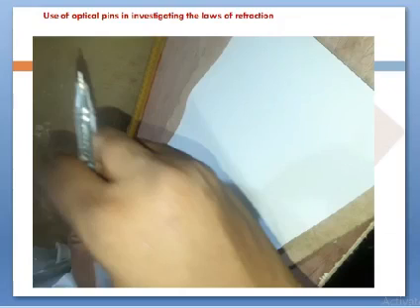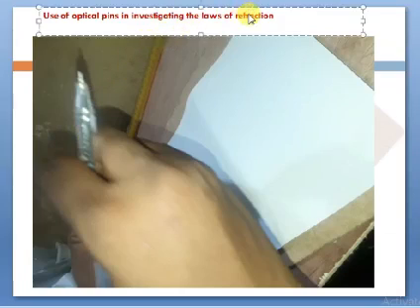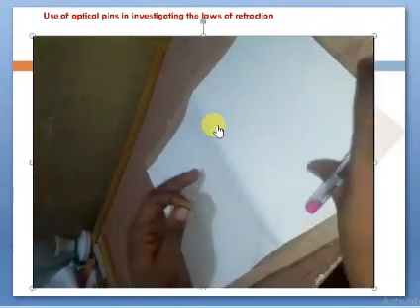Now let's see the use of optical pins in investigating the laws of refraction. Remember, we have stated the two laws of refraction, where we say that the incident ray, the refracted ray, and the normal at the point of incidence all lie on the same plane.